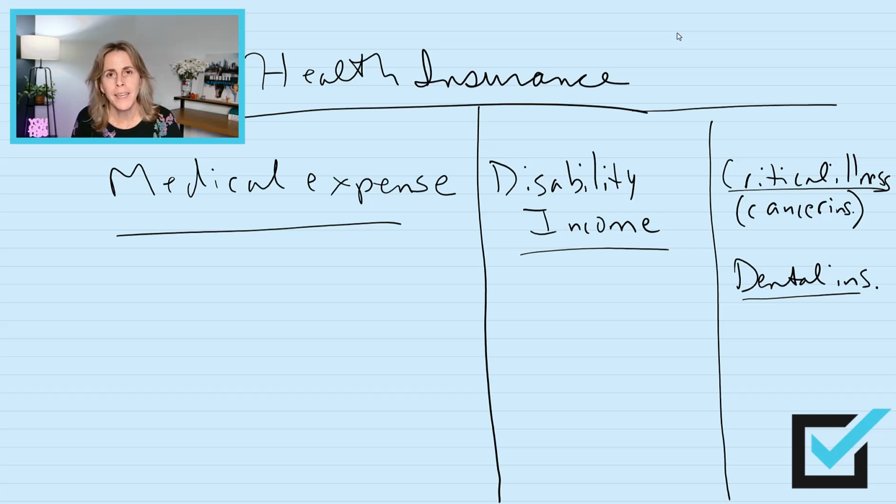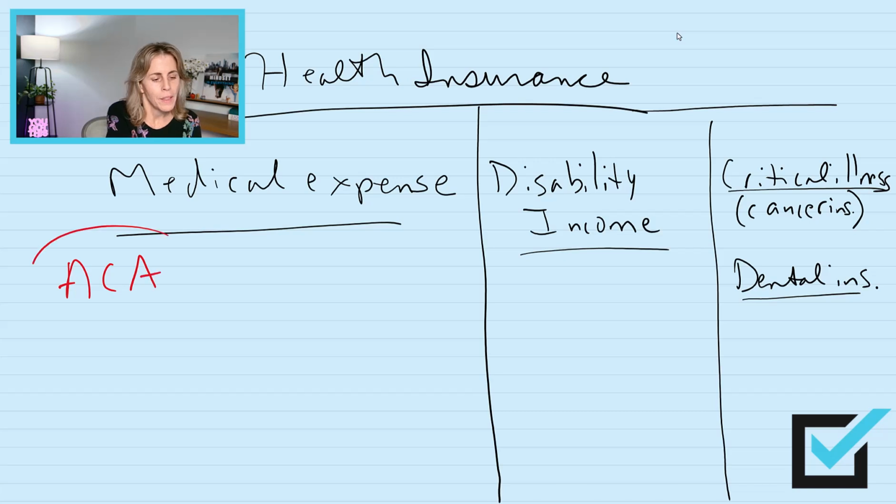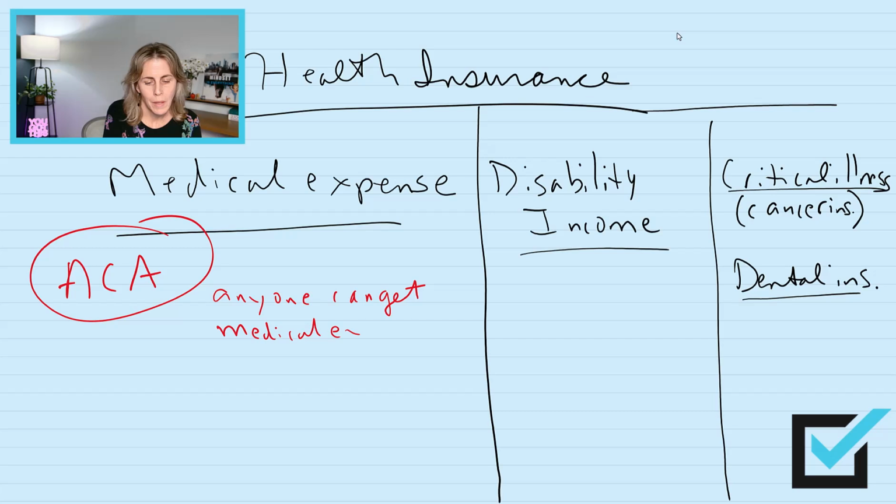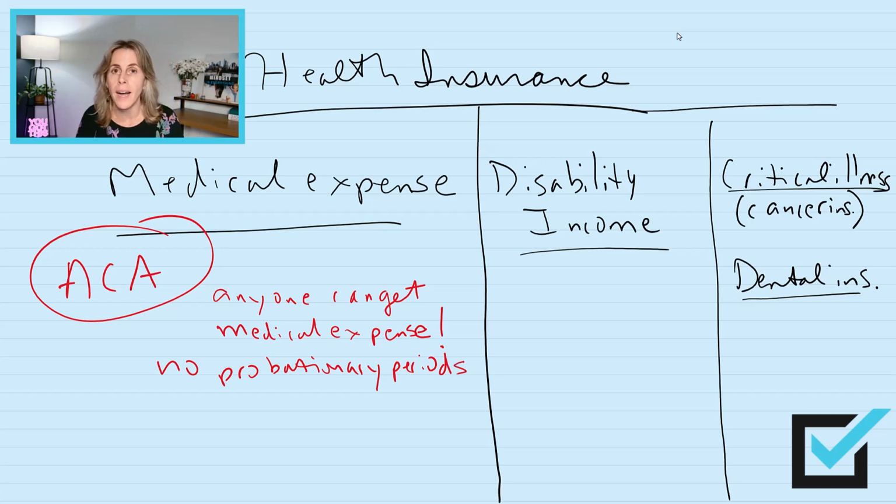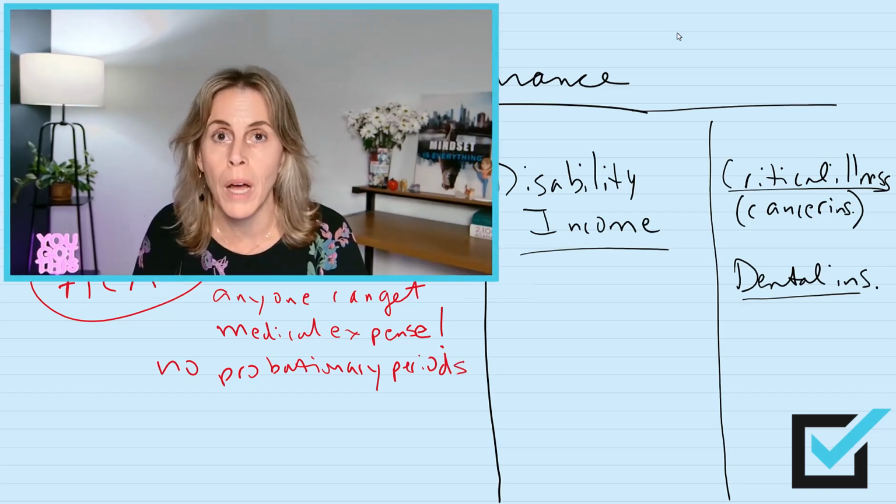So when we're buying medical expense policies today, we have the Affordable Care Act that says that anyone can get medical expense coverage. And there can be no probationary period. So pre-existing conditions cannot be excluded from coverage for a specified period of time.